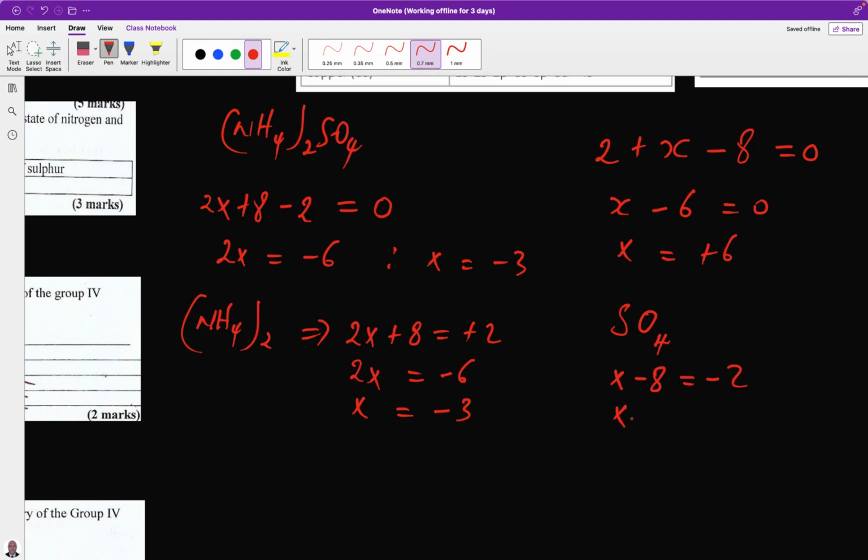Now x will be equal to +8 minus 2, which is +6. So there are two ways you can do that. You can assume the whole molecule and calculate from there, or you take it individually and equate it to its oxidation number, and you get it.